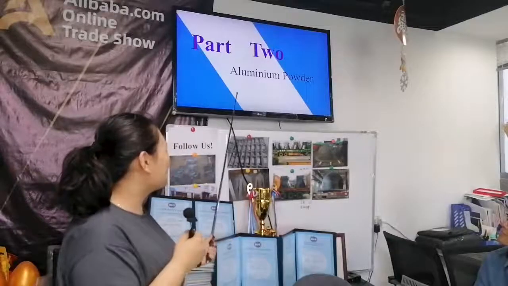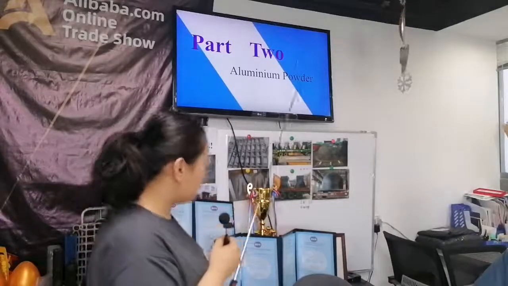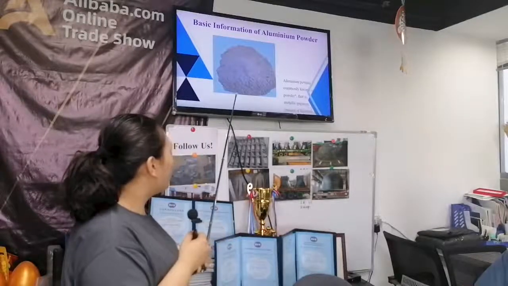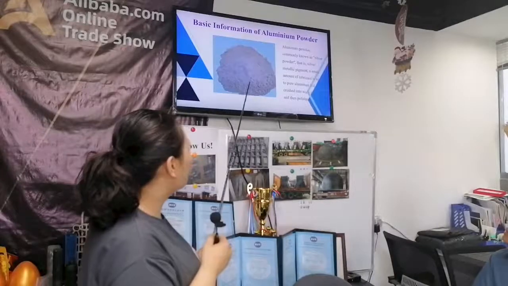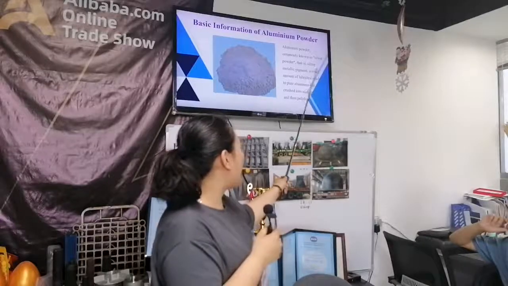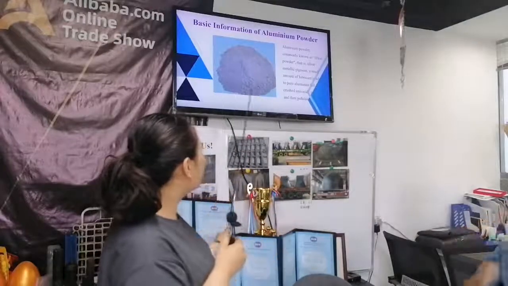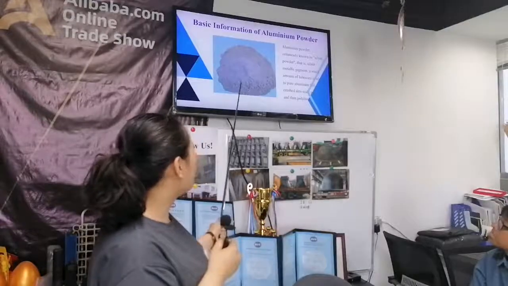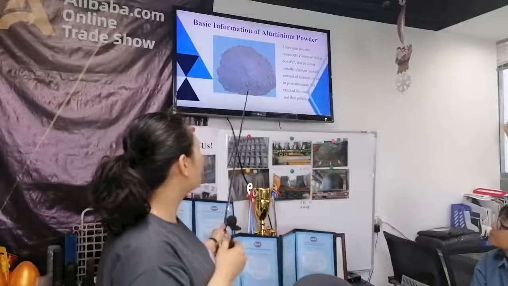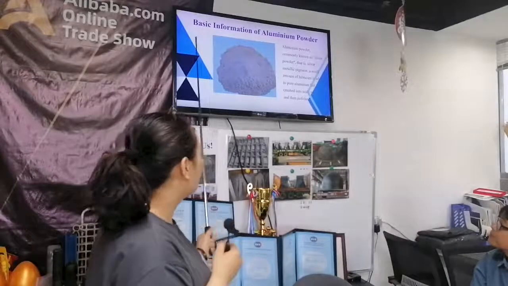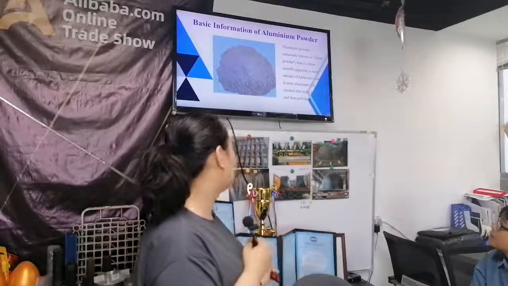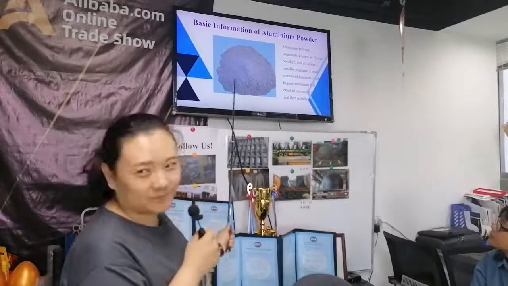Now part 2, aluminum powder. Aluminum powder, something known as silver powder. This silver powder is a small amount added to the aluminum foil. Do you know?